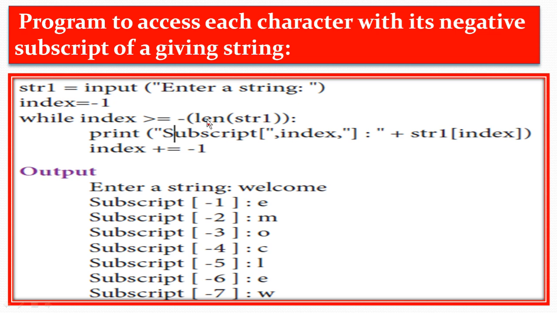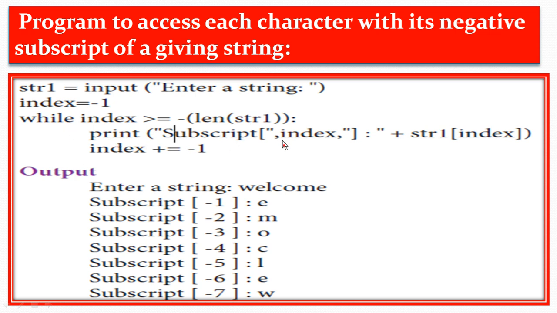So minus 7. The while loop is used to check the condition index greater than or equal to minus 7. This condition is satisfied up to the value of minus 7. When it exceeds minus 7 to minus 8, this condition becomes false and the loop is terminated.